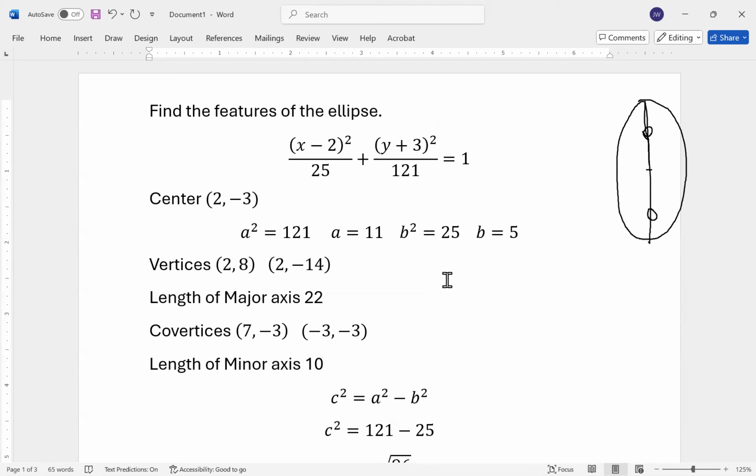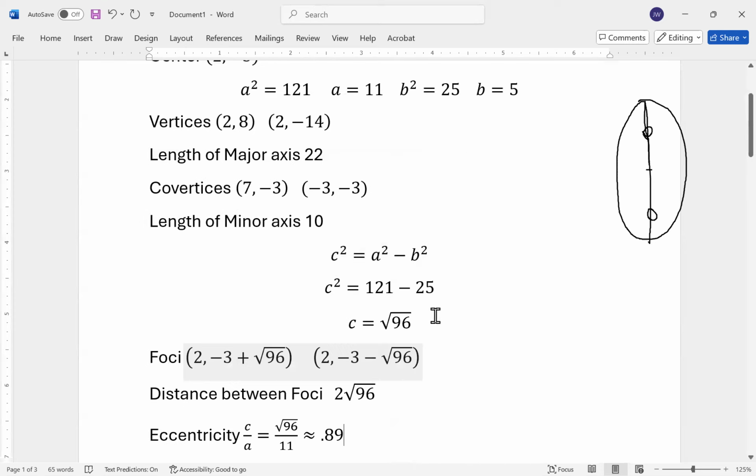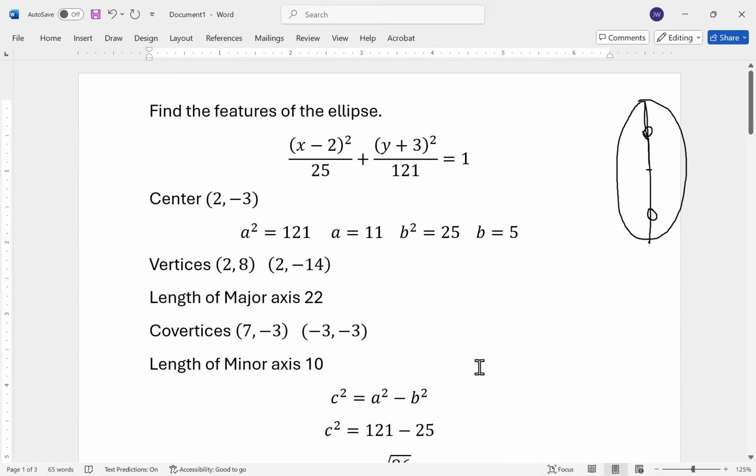Instead of moving left and right 5 units to get our co-vertices from the origin, now we move left and right 5 units from the new center. Same thing with foci, we're moving up and down square root of 96. So that's how we can deal with finding the features of an ellipse whose center is not the origin.